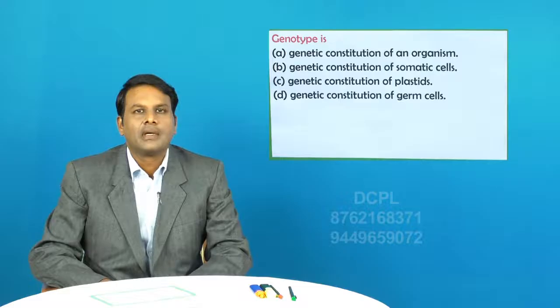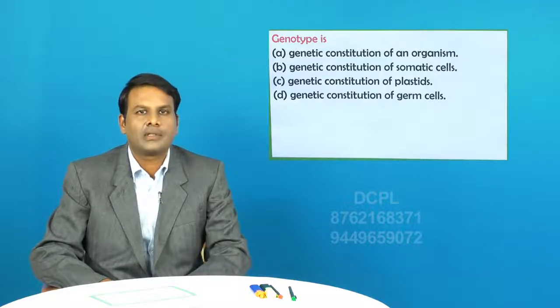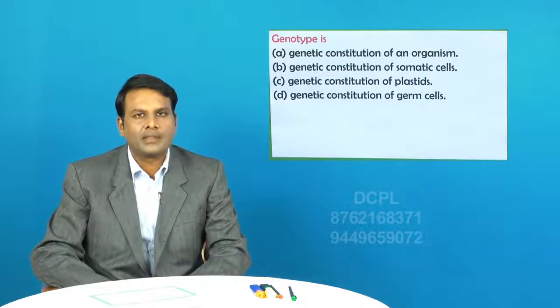Dear students, there are several terms used in genetics, and you should be very familiar with those terms. One of the terms is the genotype. Genotype is the genetic constitution of an organism, particularly present in the germ cells like the sperms and the egg.